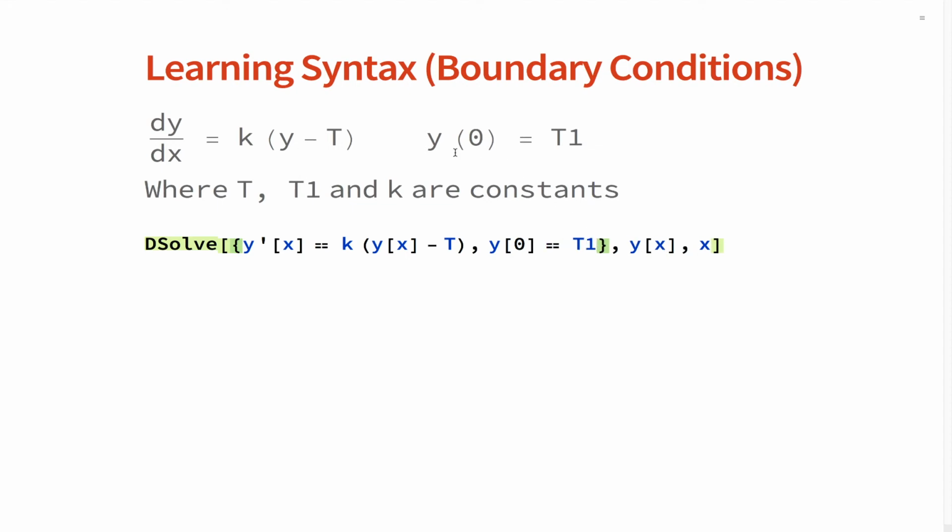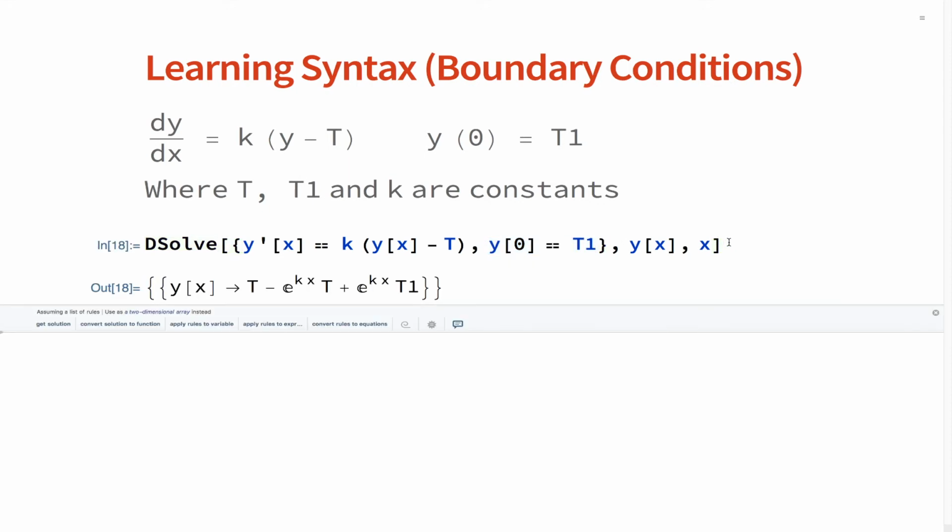So this is how you have now successfully entered the condition y of 0 is equal to t1, and then you can press Shift Enter and you can get the value. You see now in this scenario we do not have any arbitrary constant because we have given the boundary condition over here. So this is how you are going to take care of boundary conditions, initial value problems.